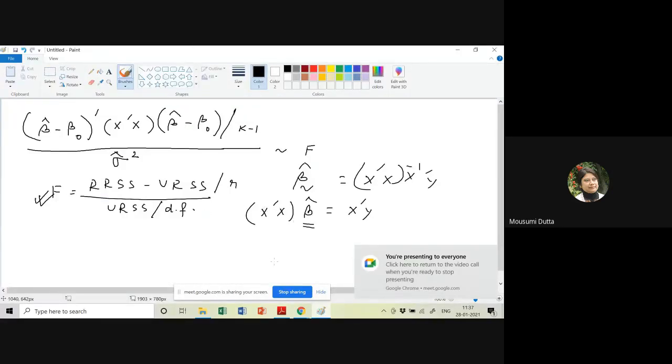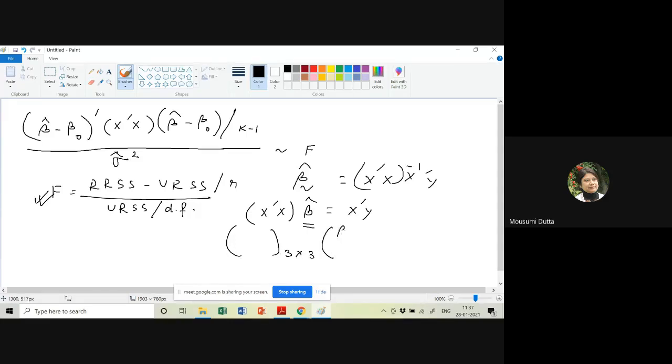I am telling everyone, when these kinds of problems are there, you can go with this kind of matrix algebra, the way we solved one numerical exercise in the class, or we can create equations. Suppose you will get a 3 by 3 x prime x, and then you can have beta, suppose, all these things.